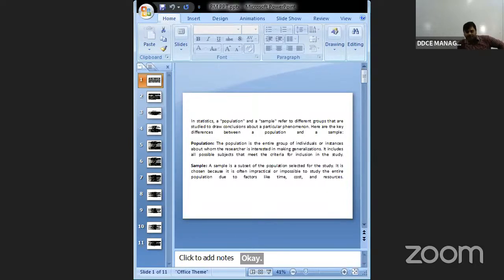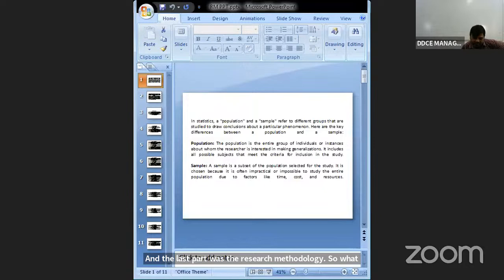And the last part was the research methodology. So what is research methodology? Also, we have discussed that first task is we need to identify the problem, right? After identification of the problem, that is our objective also.